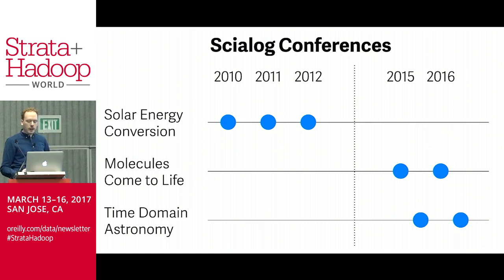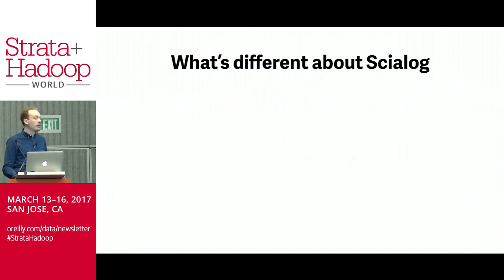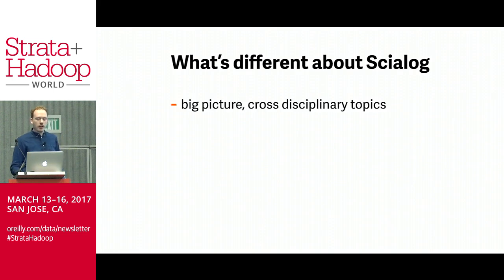And there's a lot of things that make Scialog different. They're quite a bit different than your typical conference. One of those things is those topics that you just saw up on the screen. So the Scialog conferences, for example, the first one we worked on, solar energy conversion. You might expect that at a solar energy conversion conference, you have some electrical engineers, you have some material scientists, the kinds of people who are thinking about how does a solar panel work or something like that.